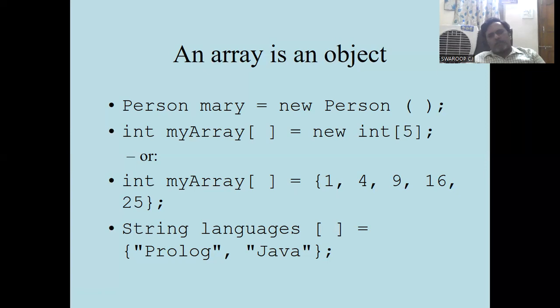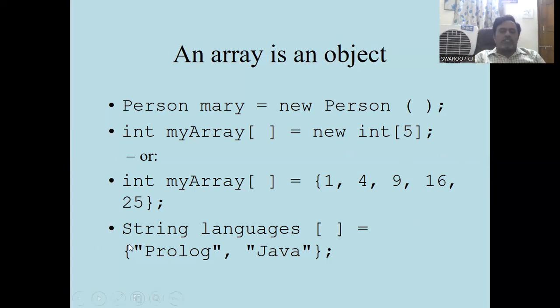It understands that depending upon the values you have given, the size is 5. So in the first case I am directly specifying the size as 5. In the second case, instead of specifying the size, I am giving the values. Indirectly, I am storing 5 values into the array, my array.